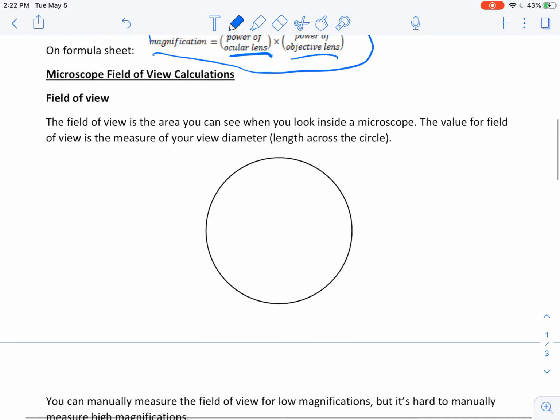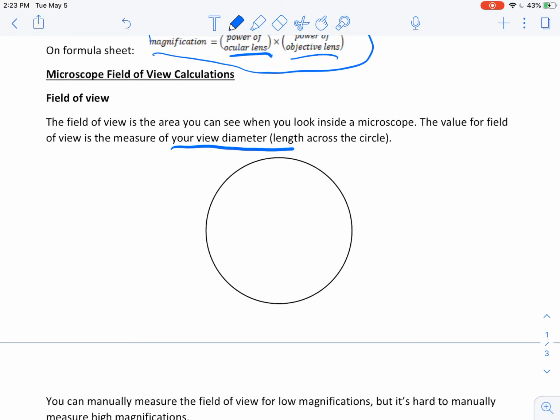Okay, the next concept is the field of view. Now, field of view is just what you can see when you put your eye to the microscope. It'll have this circle, and you'll see whatever you're looking at, if you see cells or anything. So your field of view is just what you can see. The value for a field of view is the measure of your view diameter.